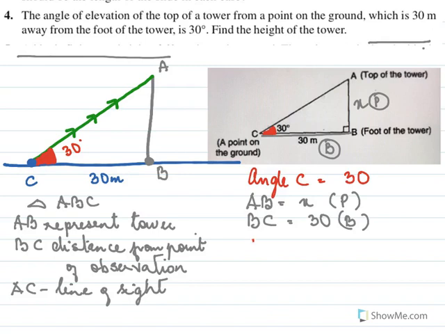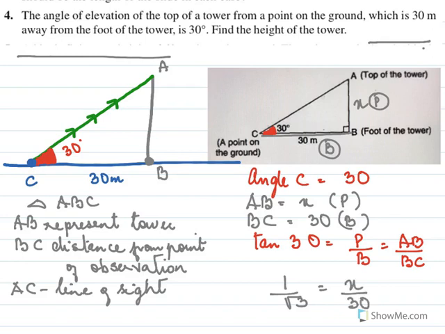Now perpendicular and base, so the ratio we are going to use is tan. Tan 30 is perpendicular over base, and in this case AB over BC. So we'll calculate. Tan 30 is 1 by root 3. AB is X, BC is 30.